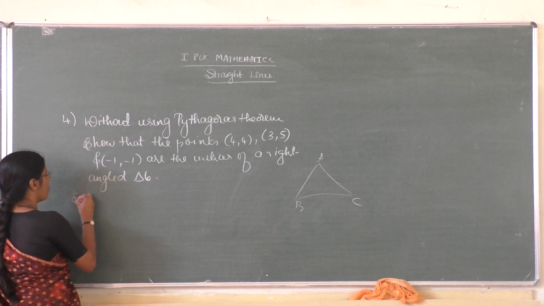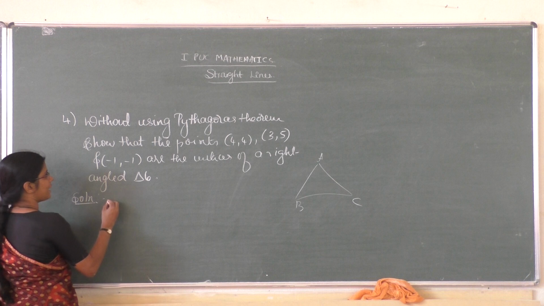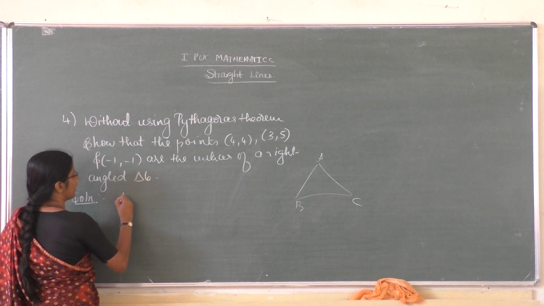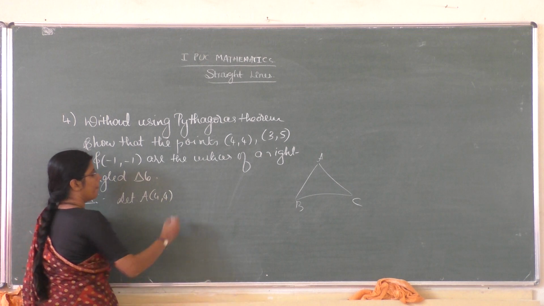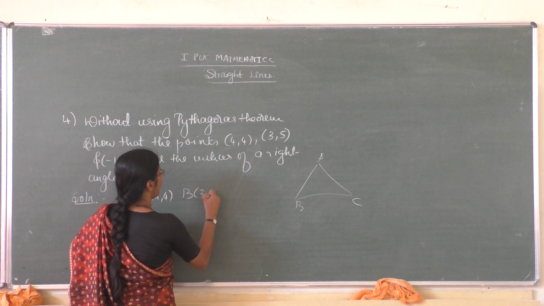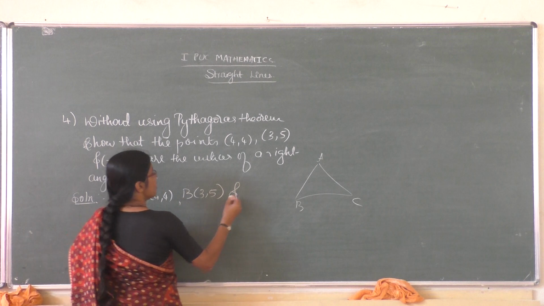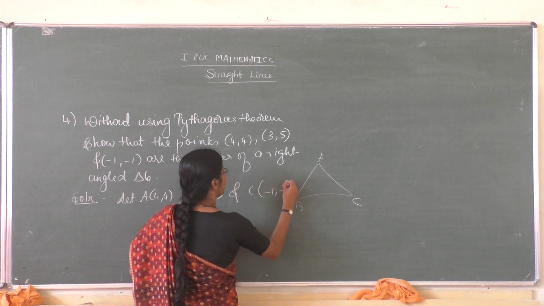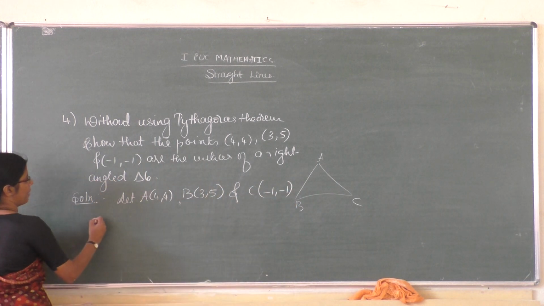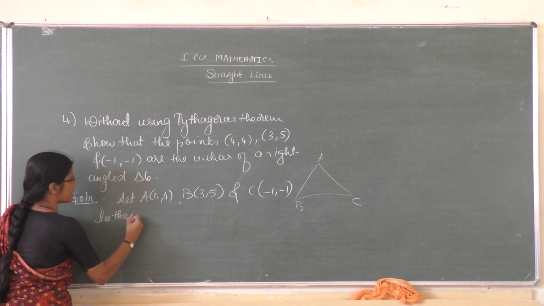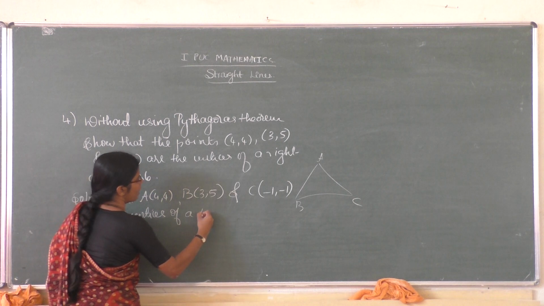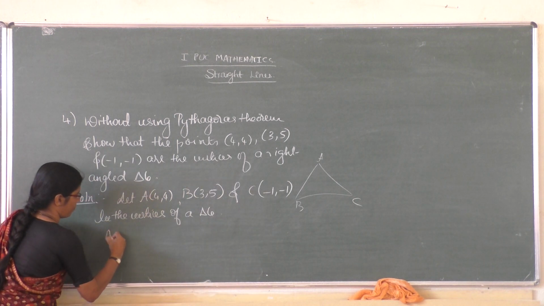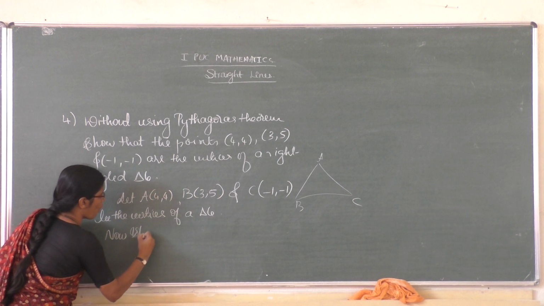First, let A(4, 4), B(3, 5) and C(-1, -1) be the vertices of a triangle. Now slope of AB.